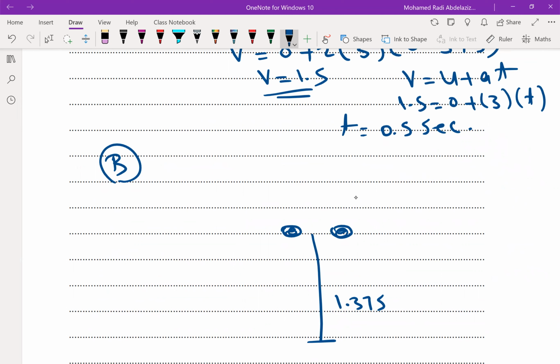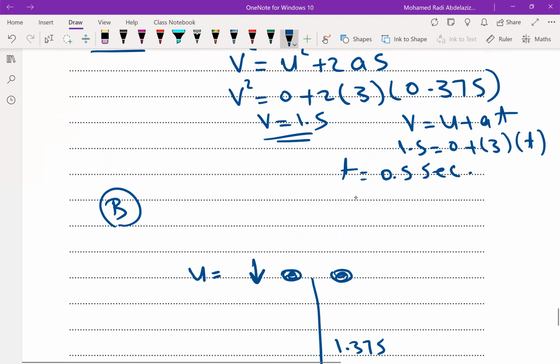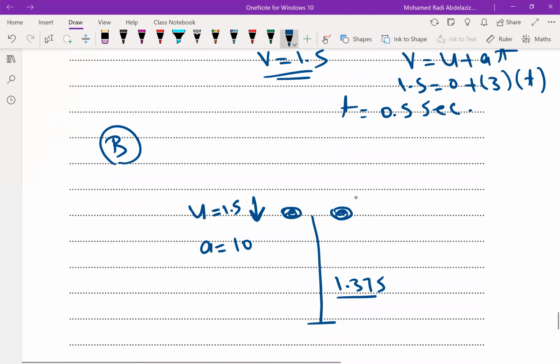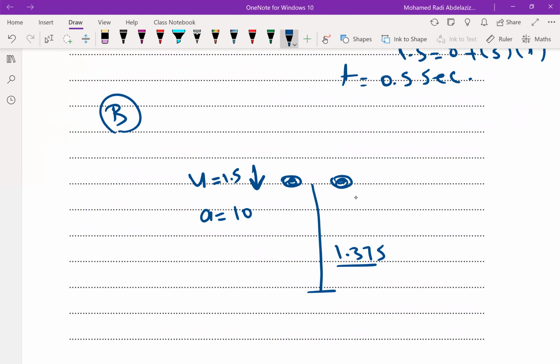Now at the same time, but this particle moves down. It will start a new journey with its velocity 1.5 and the acceleration due to gravity positive 10, and the displacement is 1.375. You can find the time taken to reach the ground.